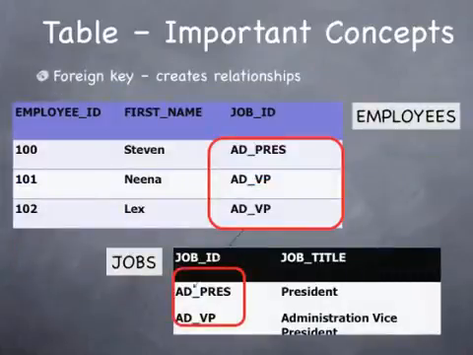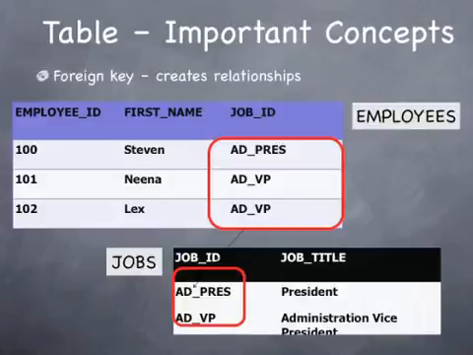Another important concept that is associated with tables is that of the foreign key. A foreign key by definition is a column or columns whose values must be existing values in a primary key column of either the same table or another table. Now on this slide we have two tables, the employees table and the jobs table.